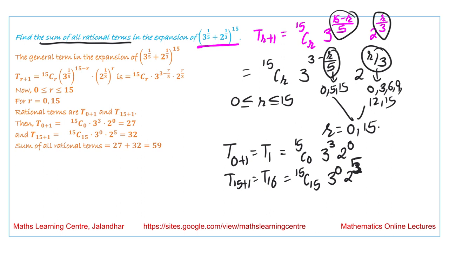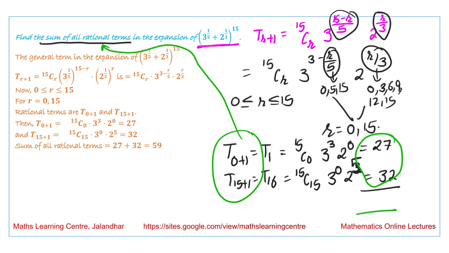Substituting these, in this case the answer is 27 and in this case the answer is 32. So the sum of both these rational terms will be 59.